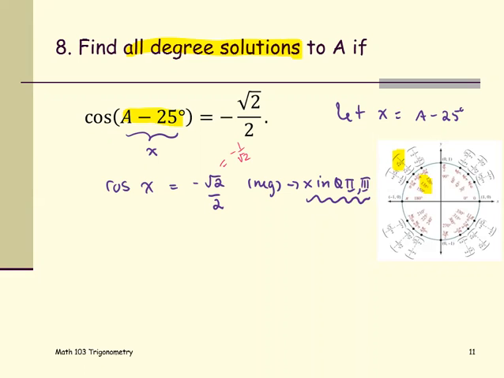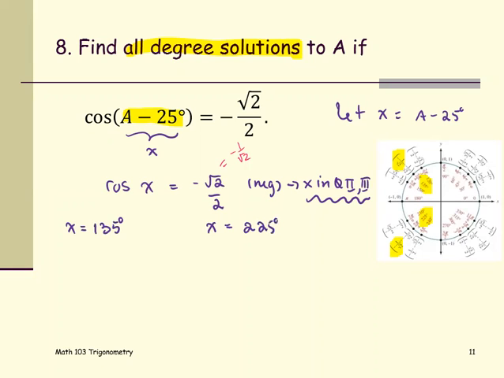And in the third quadrant, the first coordinate is negative 1 over square root 2 and the angle is 225 degrees. That means we have two solutions for x. So x equals 135 degrees in the second quadrant, and x equals 225 degrees in the third quadrant.